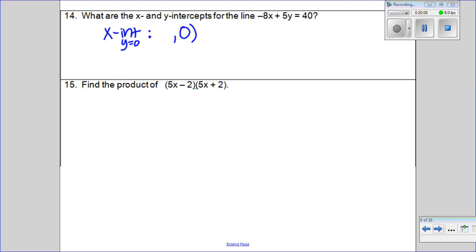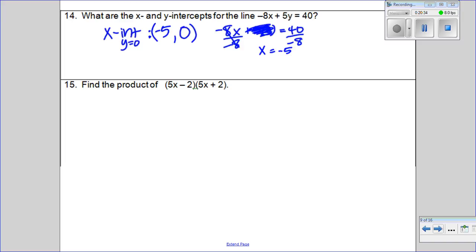So if I plug in a 0 here, I'll have negative 8x plus 5 times 0 equals 40. I can scratch this off because 5 times 0 is just 0. Now I've got to divide everything by negative 8 to get x equals negative 5. So negative 5 is my x-intercept.